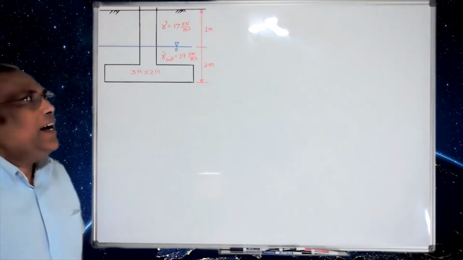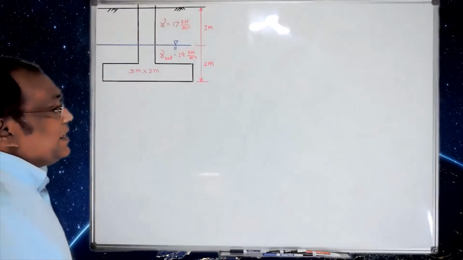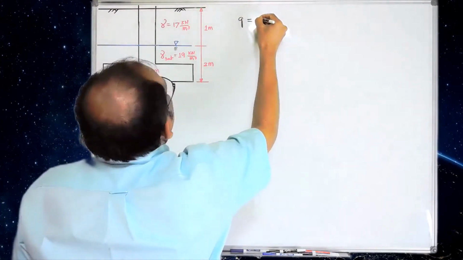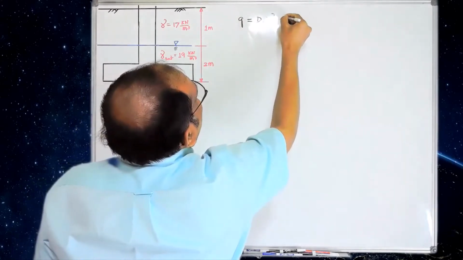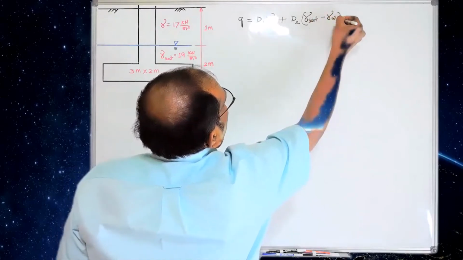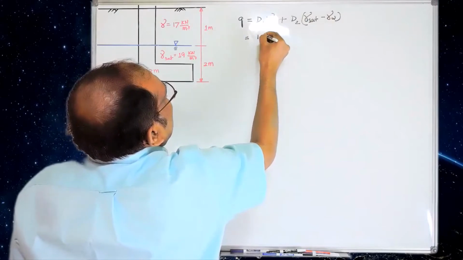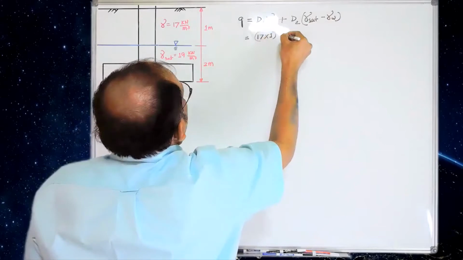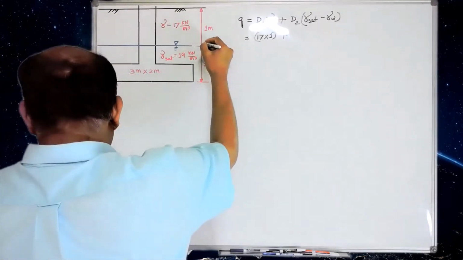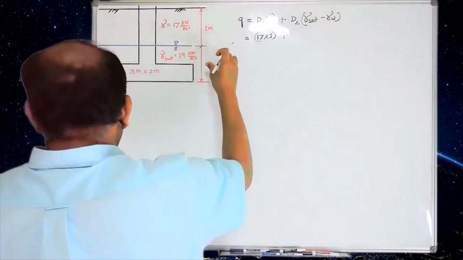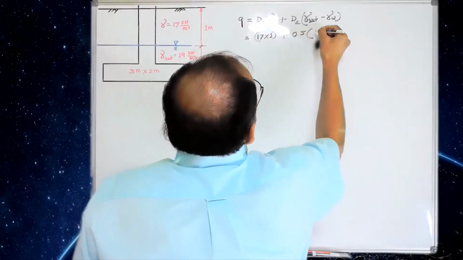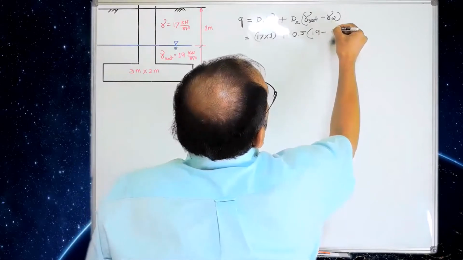Now, as I said earlier, you have water here, so the pressure q at the bottom of that foundation would be D1 gamma plus D2 (gamma sat minus gamma W), which is actually 17 into 1 plus, this one is actually 1 and this distance is basically 0.5, so 0.5 into (19 minus gamma W, which is 9.8).